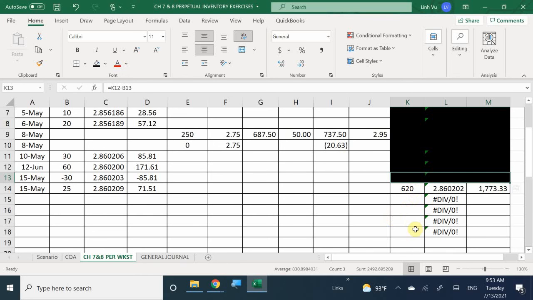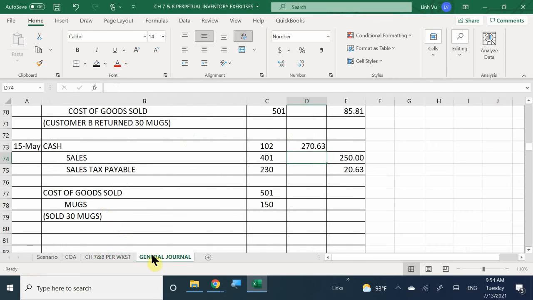I started with 645, now I'm down to 620. So therefore, I sold $71.51, so my cost of goods sold is $71.51.